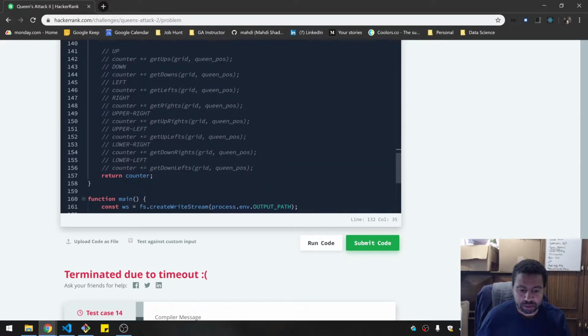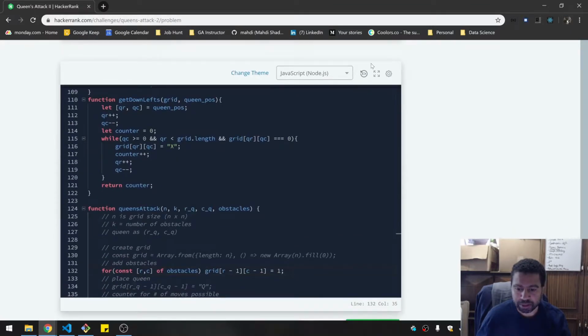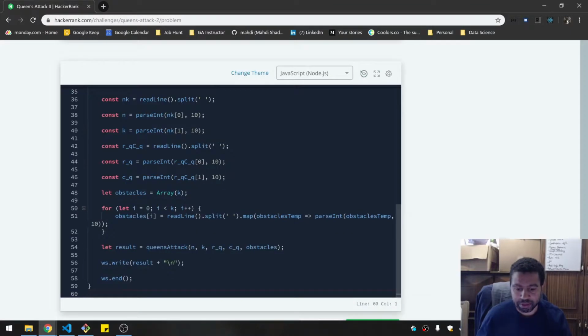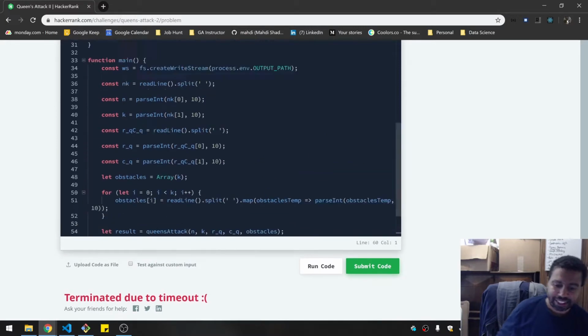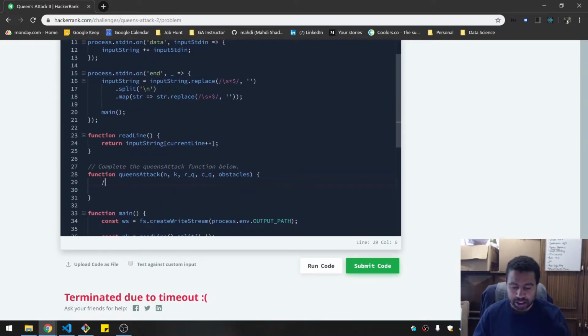Let me actually reset this real quick. Let me rip the bandage off. Oh, sigh. Okay. Here's my new strategy. I'm going to keep max distance for all directions.